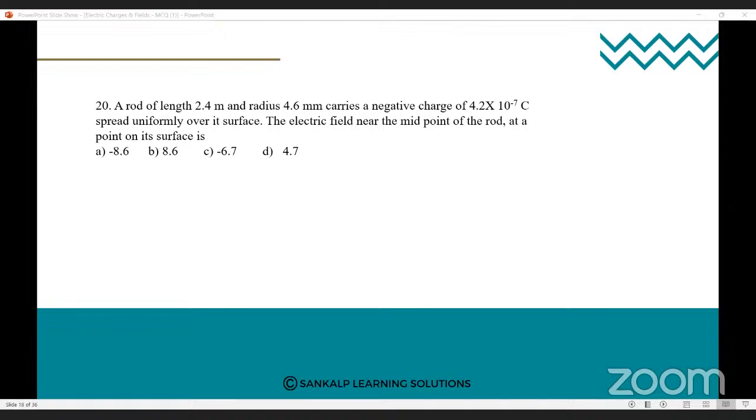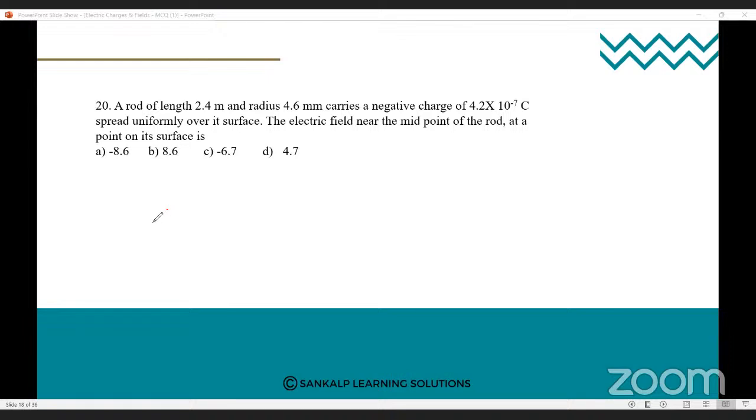So you need to calculate the distance. Yes, how are you going to see. Here the length is given as 2.4 meter.